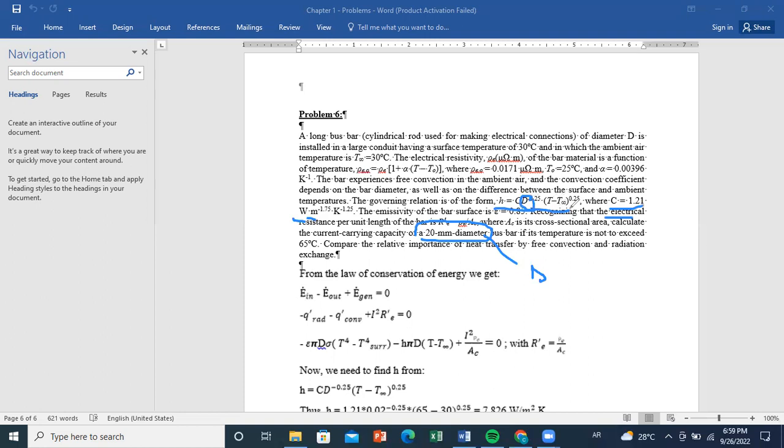And as we mentioned before, delta T is in Kelvin, but it's fine if you express it in degrees because the value of delta T is the same in Kelvin and in degrees. So now the first step will be to calculate H by just replacing C by 1.21, replacing D by 20 times 10 to the power minus 3, and replacing delta T by 65 minus 30, so 35.